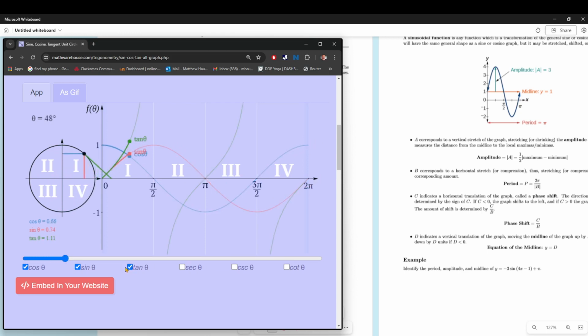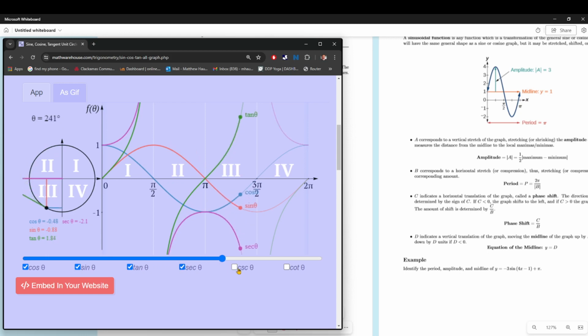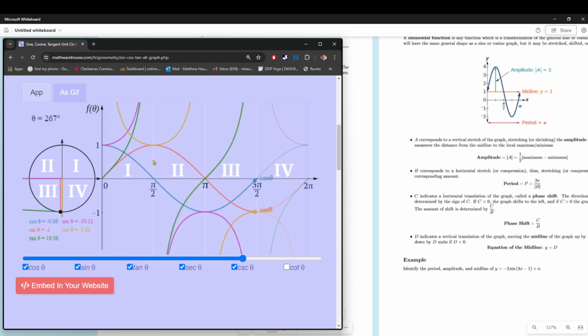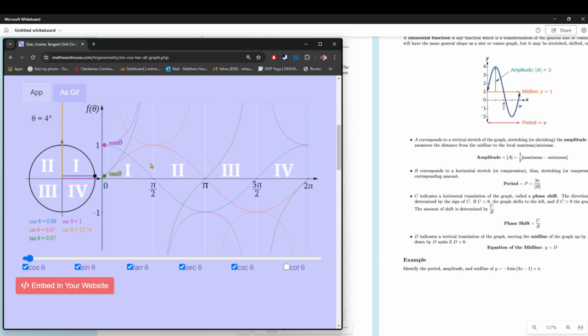Again, tangent doesn't have that restriction. Tangent can become infinite. Secant and cosecant, similarly. Actually, secant and cosecant can't exist inside the range from negative 1 to positive 1, unmodified. They can only exist outside because they're reciprocals.